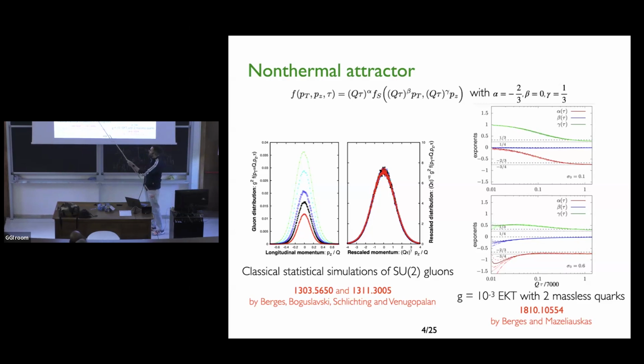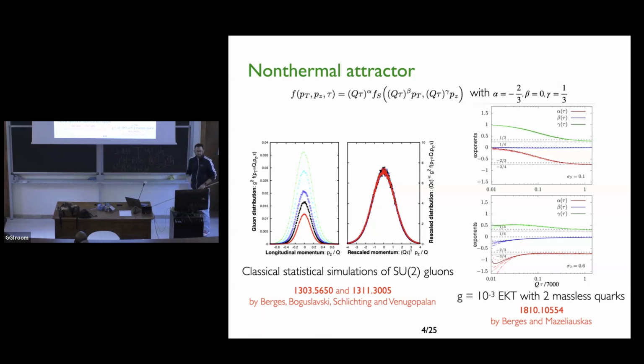If you rescale them with the appropriate power, all of these fall, up to numerical errors, onto a single curve. So indeed, this plot from 2013 indicates that this scaling behavior seems to be realized for SU(2) QCD at least, where they took SU(2) because it is numerically cheaper than SU(3). And this was done using classical simulations.